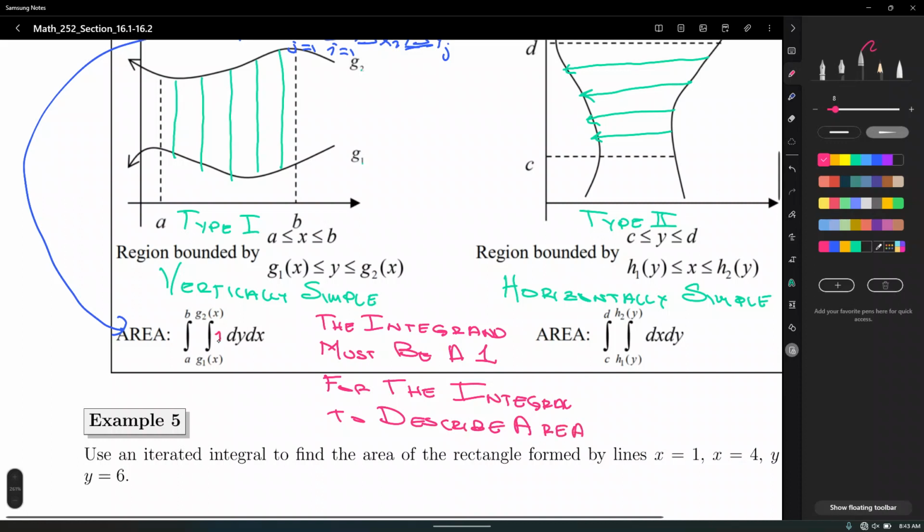So that is, there must be an invisible 1 in our integrand here.